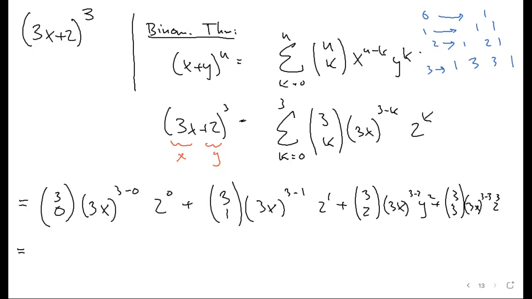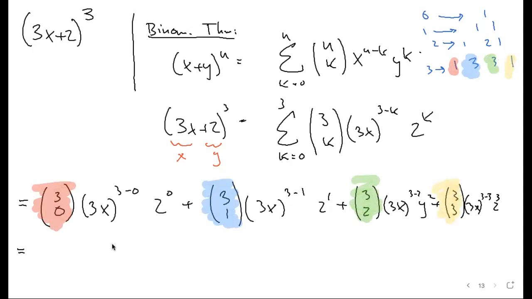All right. And so we know that 3 choose 0 will be 1. 3 choose 1 will be 3. 3 choose 2 will be 3. And 3 choose 3 will be 1.